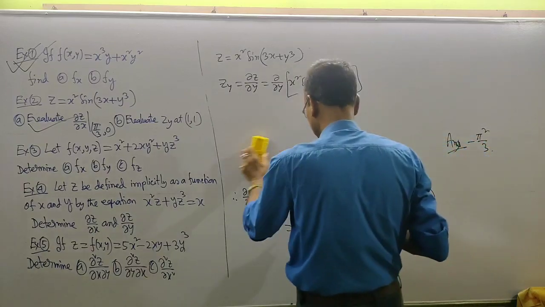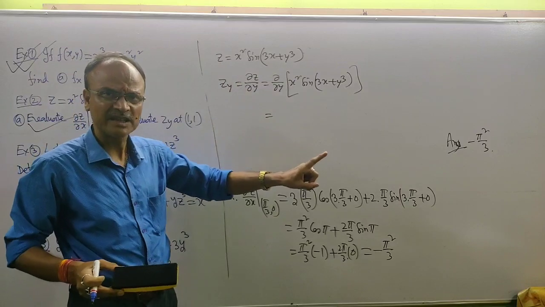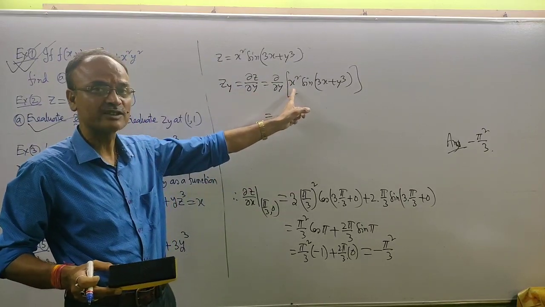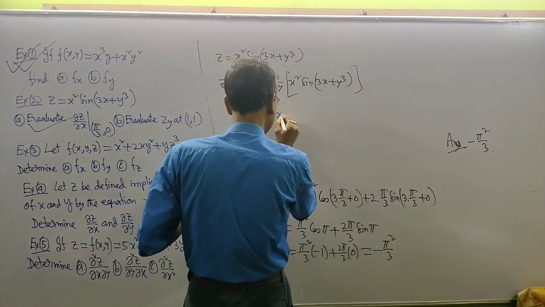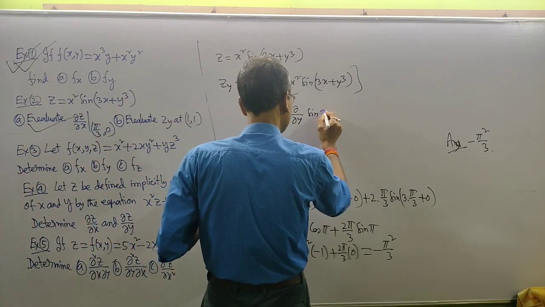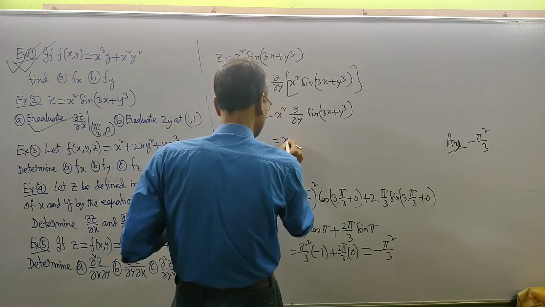Thrice x plus y cube. Now, when you are differentiating partially with respect to y, you should treat x square as constant. Therefore, it will be x square del y of sine of thrice x plus y cube. This is equal to x square.